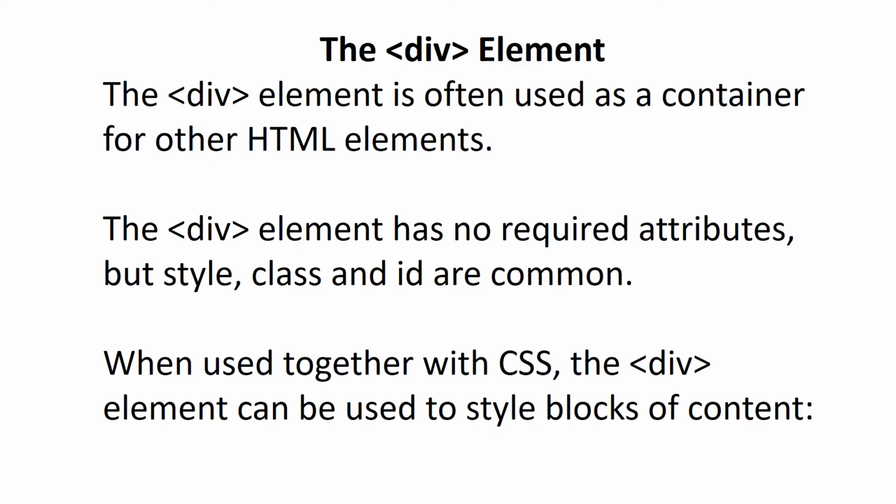Div element. The div element is often used as a container for other HTML elements. The div element has no required attributes, but style, class, and ID are commonly used. When used together with CSS, the div element can be used to style blocks of content. We can also use section too.